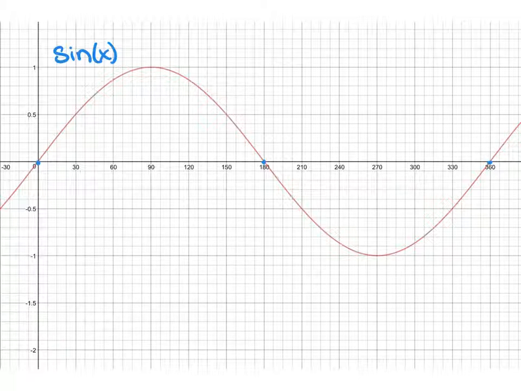A couple of things I want to go over in terms of features of the graph, and point out some things that we're going to make reference to in lessons in the future. The first thing is what's called amplitude. Amplitude is the distance from the highest point to the middle point. This is the amplitude. In this sine graph, the amplitude is equal to 1 because the distance is from 0 to 1.